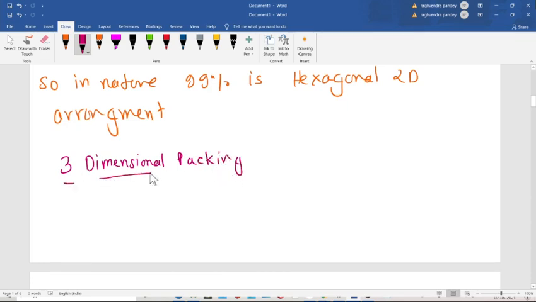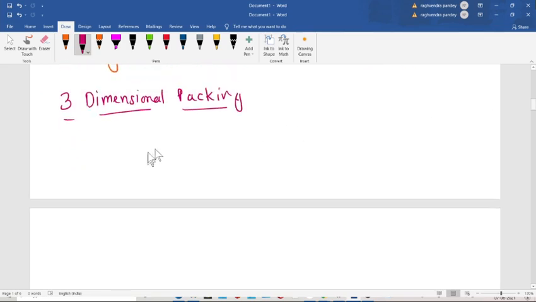Three-dimensional packing. So 3-dimensional packing, there are two types, or maybe more than two.